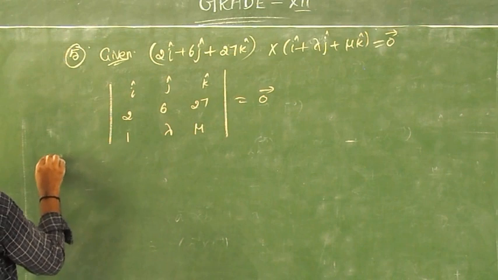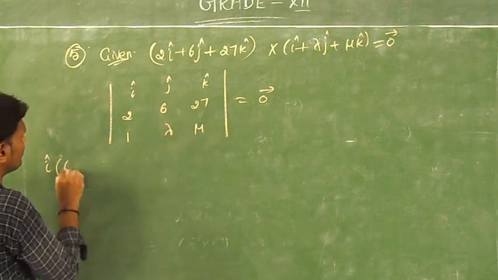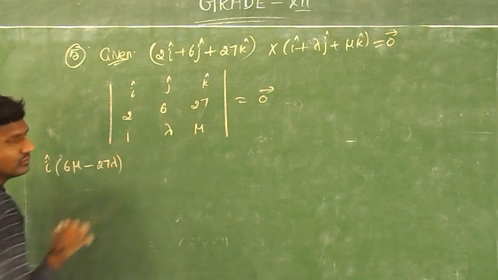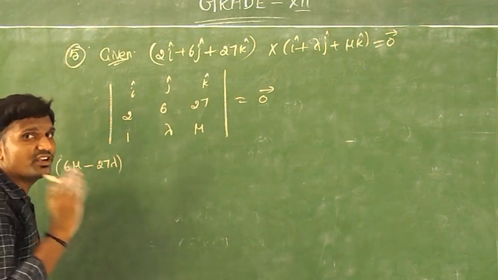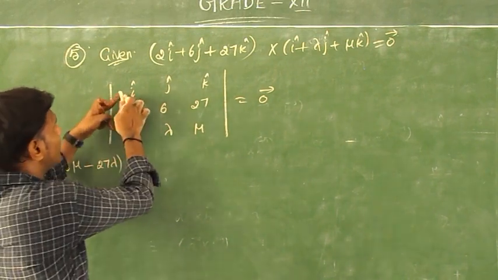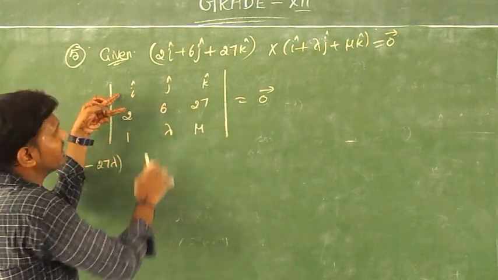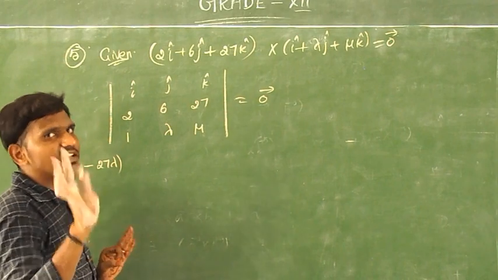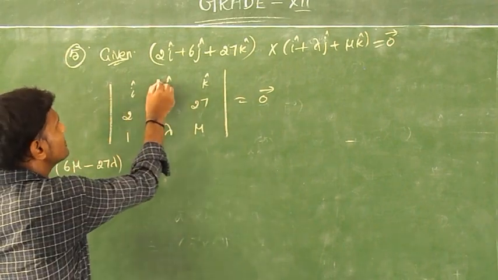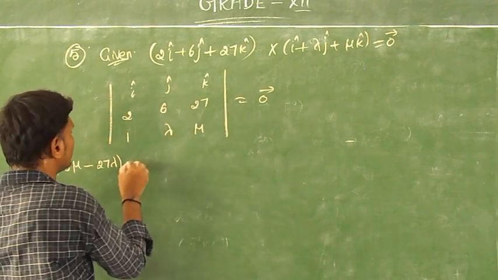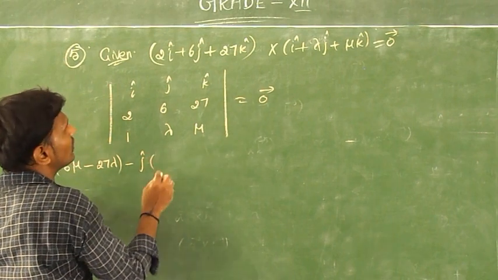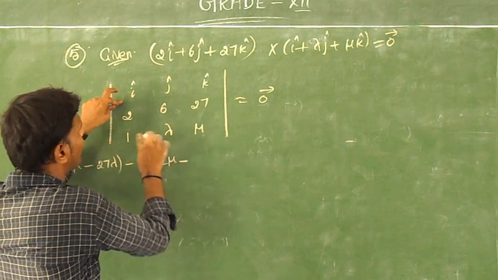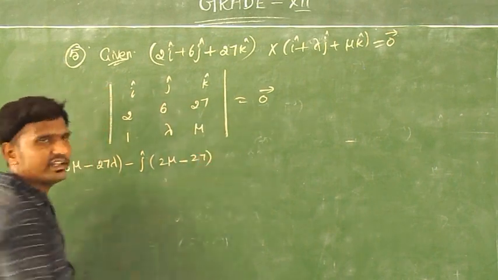How to take the determinant? i vector into 6 into mu, 6 mu, minus 27 into lambda, 27 lambda. Have you got it, children? From your determinants, leave the row and column of i vector. Then minus j vector into what will come? 2 into mu, 2 mu, minus 1 into 27, 27.